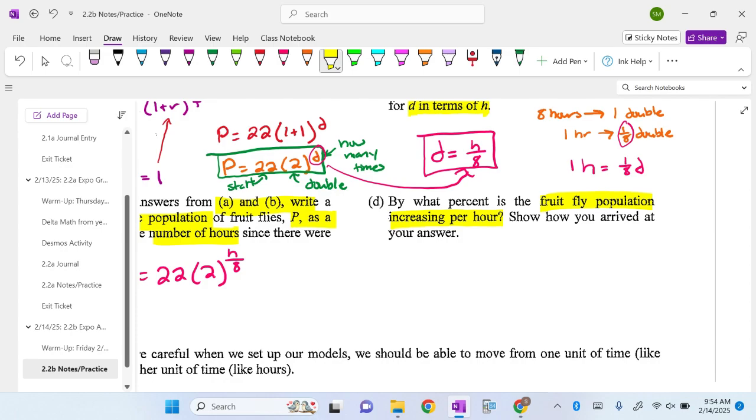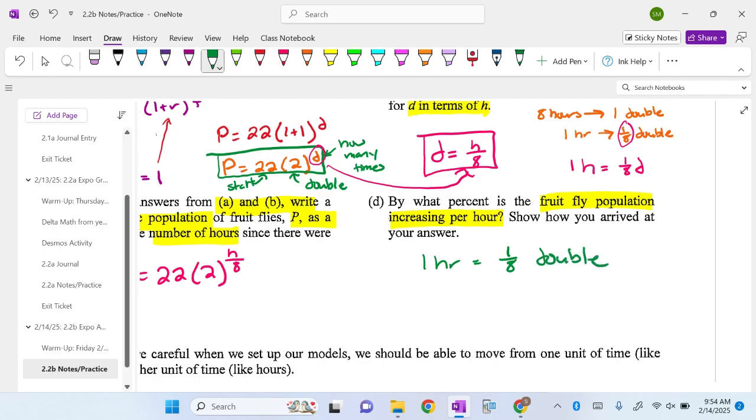So we know that we do 1/8 of a double in 1 hour. So 1 hour equals 1/8 of a double.